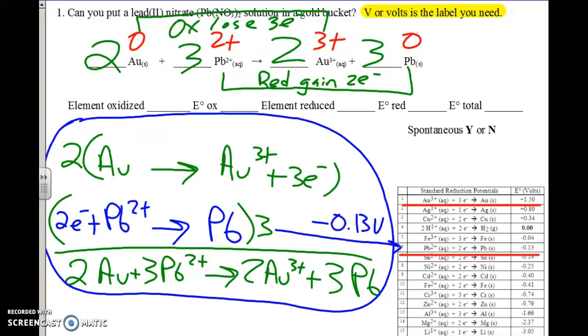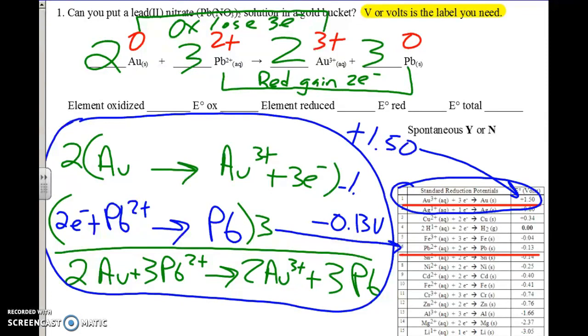And the gold, this one right here, is 180 degrees different than what we have written. So we have to flip it. And if we flip its charge, we go from a positive 1.50, stated right there, and once we have to flip the reaction, it goes to negative 1.50. We add those two together, and we get negative 1.63 volts.